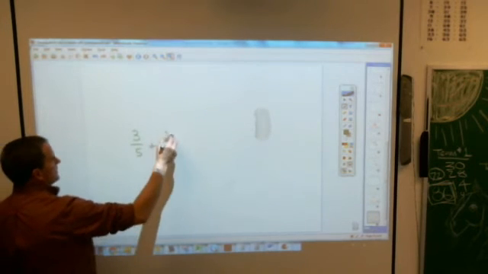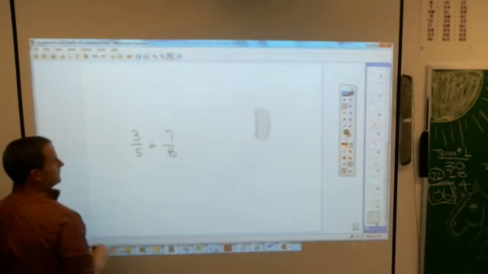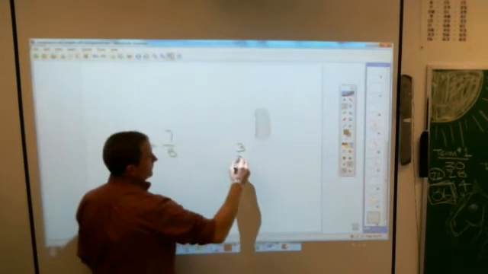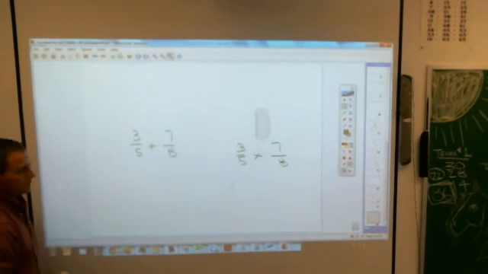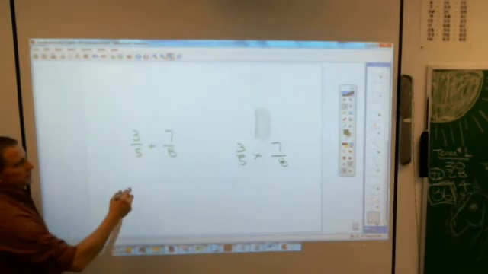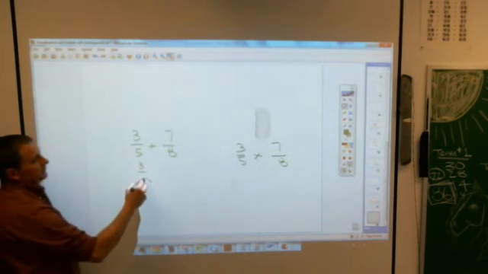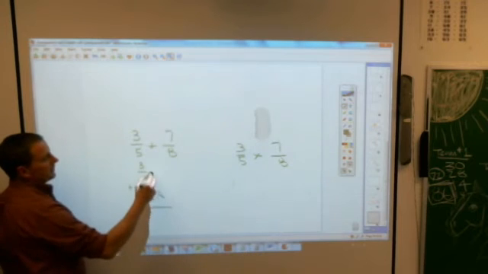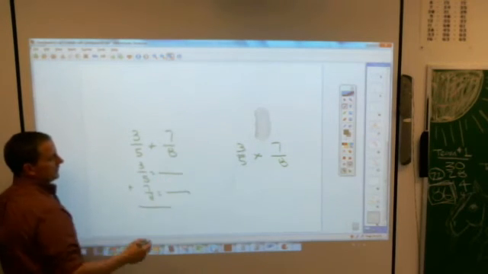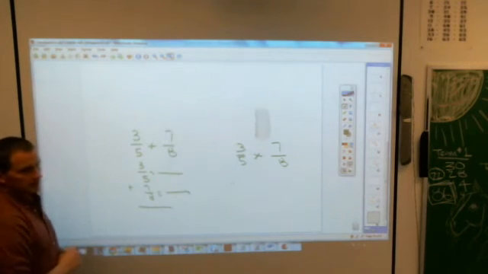Now, if it's 3/5 plus 7/8, as opposed to 3/5 times 7/8, this one here, you write it up and down, 3/5, 7/8. What is my common denominator of 5 and 8? Anybody have any thoughts on that? Grace!